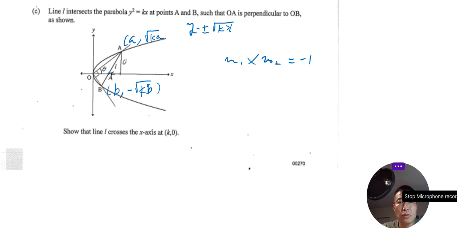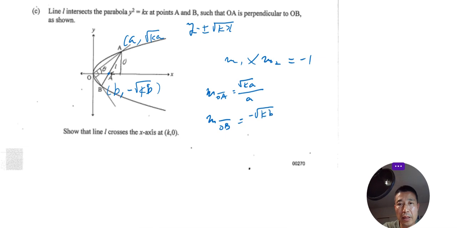So how would you make the gradient easy? The gradient of OA is the change in y, square root of ka minus 0, over a minus 0, so over a. The gradient of OB is minus the square root of kb over b, isn't it?